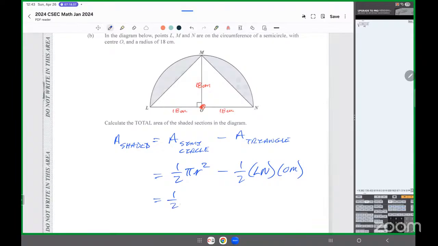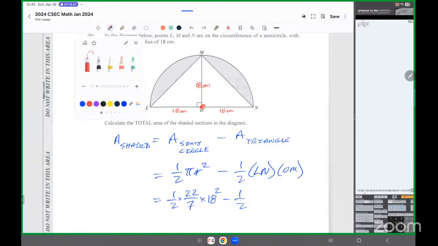So it's half times 22 over 7 times the radius 18 squared, that's the semicircle, minus half times LN, which is 18 plus 18, which is 36 centimeters.